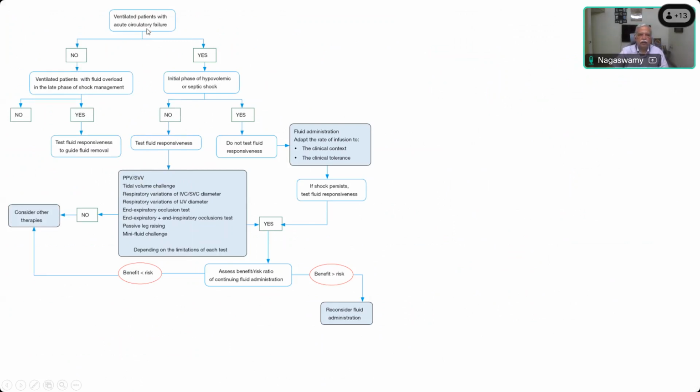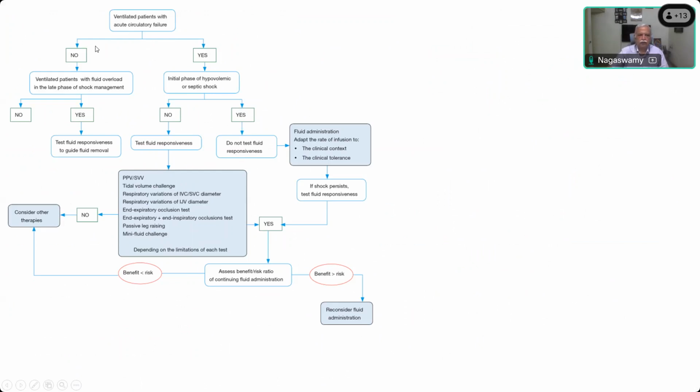So for ventilated patients in acute circulatory failure, that means the initial phase of hypovolemia or septic shock, if that is positive, do not test fluid responsiveness. This is the first basic negative thing that we have to understand. So if the ventilated patient has an acute circulatory failure and has features of septic shock or hypovolemia, there is no point in doing the fluid responsiveness test.